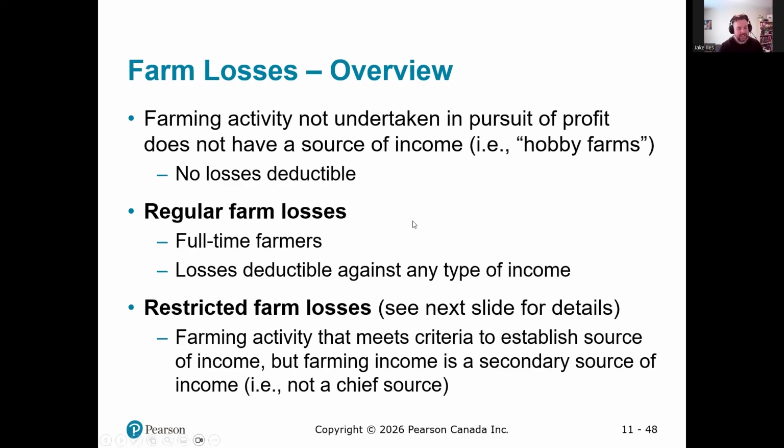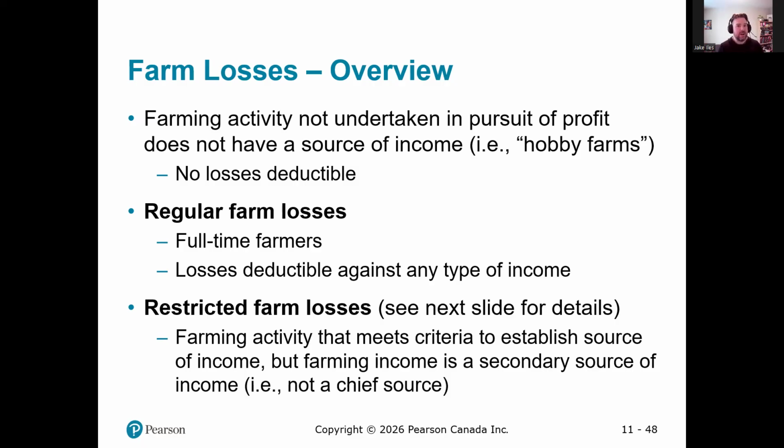So what that's saying is regular farm losses are non-capital losses, like business losses. If the farming activity is not the main source of income, if I have a regular day job, but I have a farming, I guess you could say, business that I'm trying to get off the ground, but it's not yet my principal source of income, then that's a part-time farm.